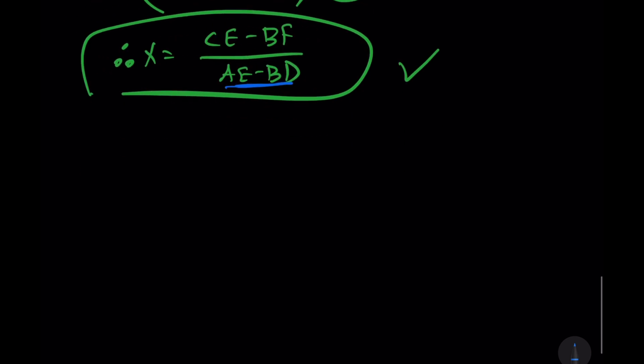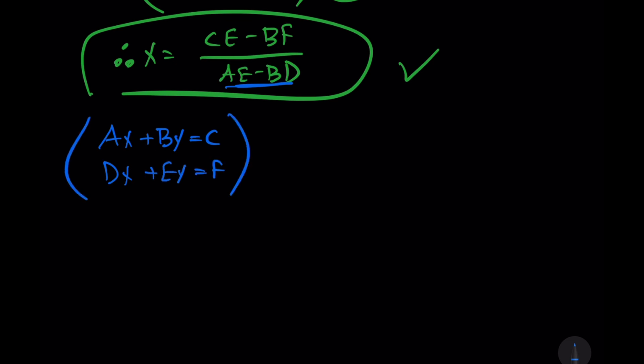So if we think about our system, we have ax plus by is equal to c. We have dx plus ey is equal to f. So that is our 2x2 system of linear equations.